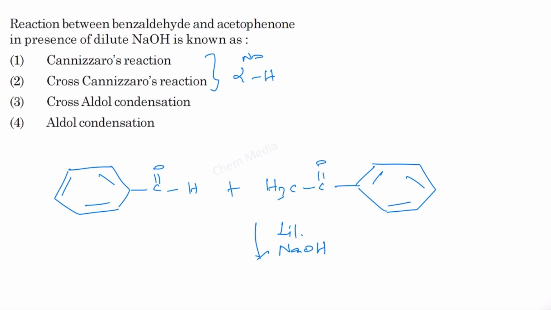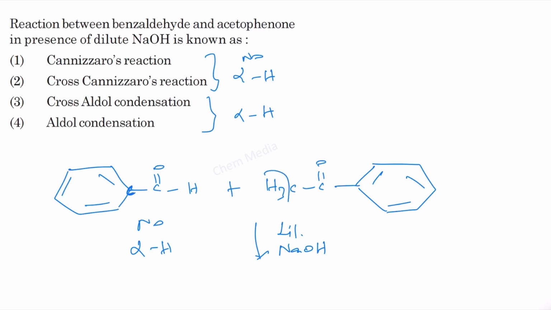So this one is definitely Aldol condensation, and we need to just pick which one it is, whether it is a simple Aldol condensation or crossed Aldol condensation. Aldol condensation requires alpha hydrogen atoms. Here in the benzaldehyde, no alpha hydrogen atoms are there, because the valency of this carbon is already 4, there is no hydrogen atom there.